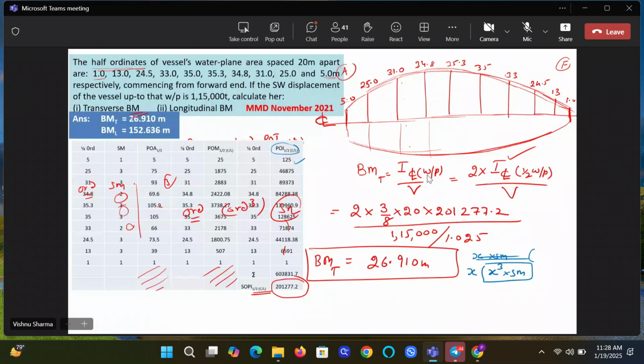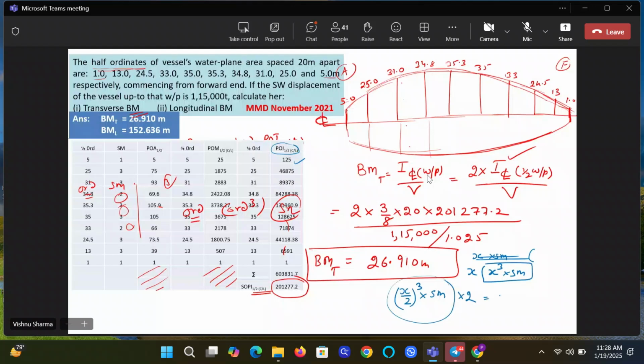Yes, sir. Now, if you have taken half ordinate x by 2, then what are you doing? You're cubing it and then multiplying by Simpson's multiplier. And then in the result, you are multiplying it by 2, to double it up. Correct, beta? Yes or no? Because when you're taking half ordinate, we are then dividing, right?